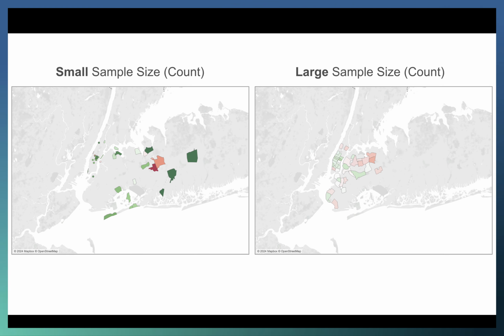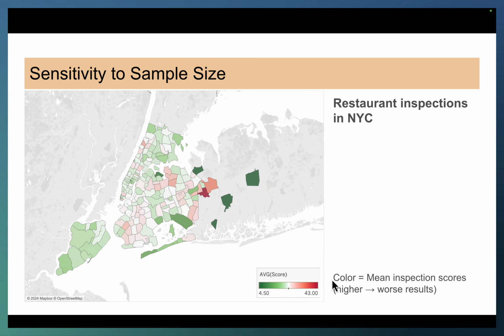Whereas the ones on the right are the regions with a large sample size, and they all tend to be in the middle. There are no extreme values. They are much paler. If you look at the color map here, pale colors represent elements that are way more in between. So that's what is happening here.